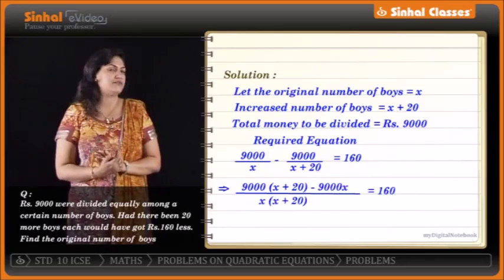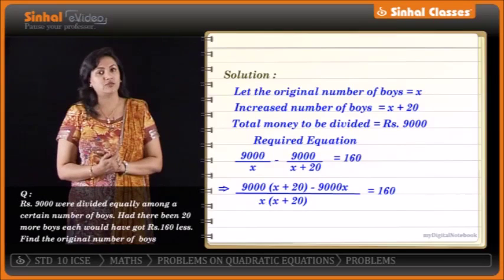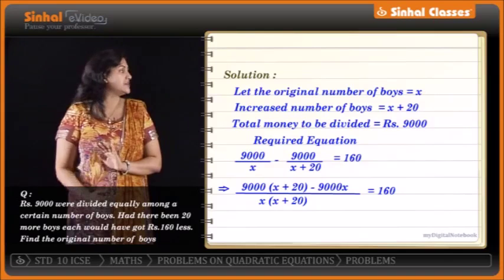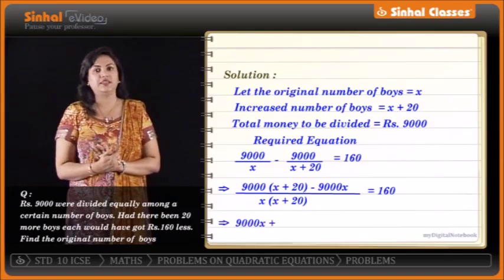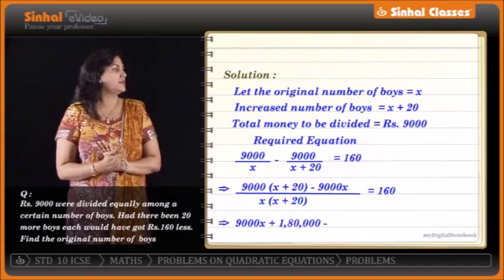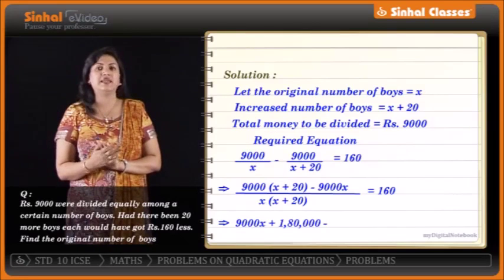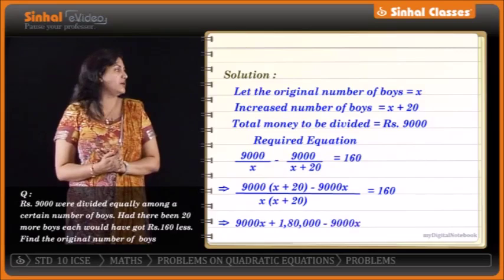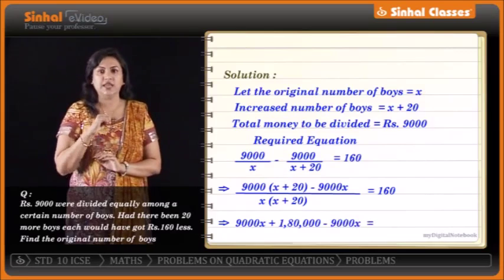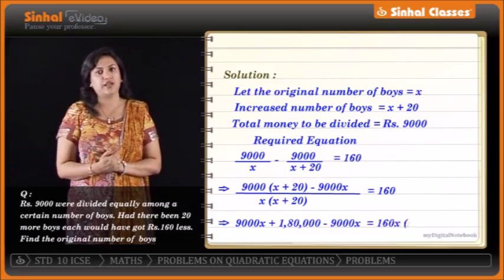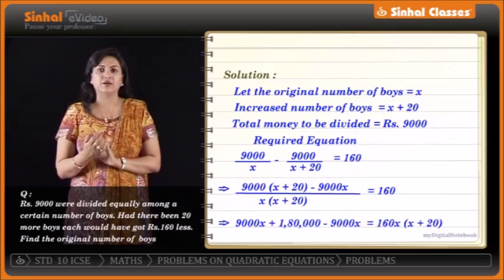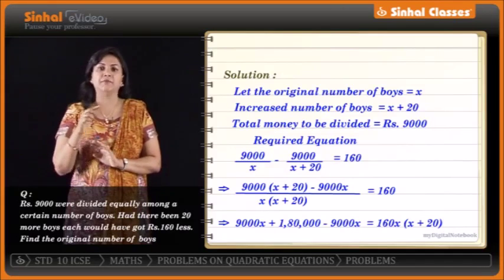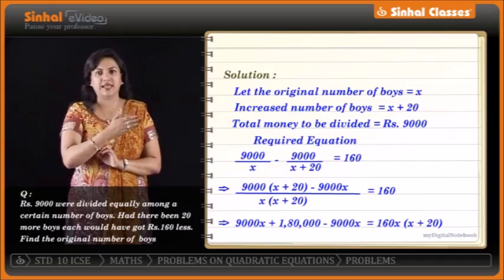Now simplify the left side as 9,000 x plus 9,000 into 20 would give us 1,80,000 minus 9,000 x is equal to 160 into x into x plus 20. Now 9,000 x minus 9,000 x cancels.